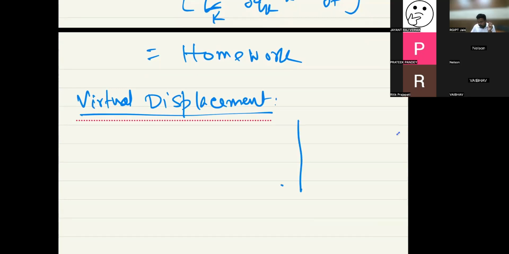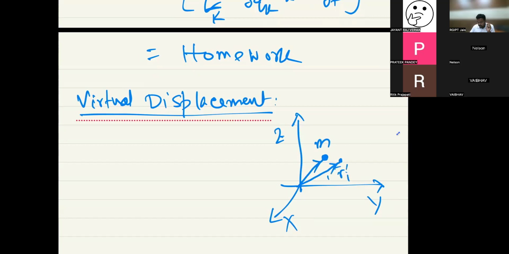Let's say you have a particle of mass m here, with x, y, and z coordinates, and this is the position Ri. Now, how can you displace this particle? You can displace it along any direction, and it will have a new position vector Ri prime, and the old one is Ri. This is a real displacement.